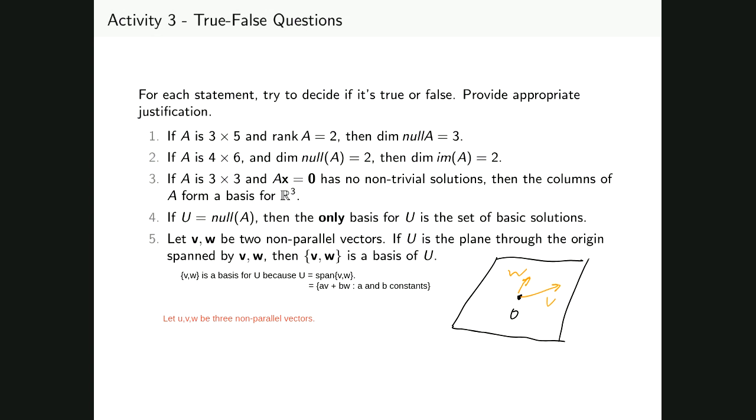If U is the plane spanned by U, V, W, then U, V, W is a basis of U.